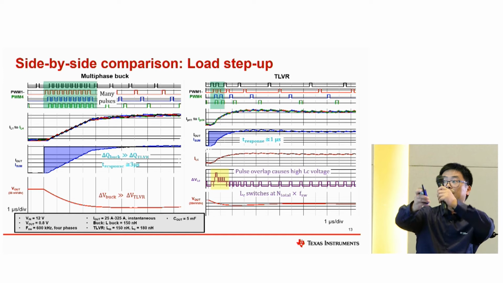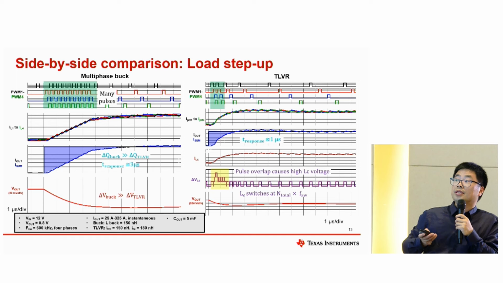Another thing we need to notice is the voltage at the LC inductor. We can see this PWM overlap here. The PWM overlap makes the voltage of the inductor build up.